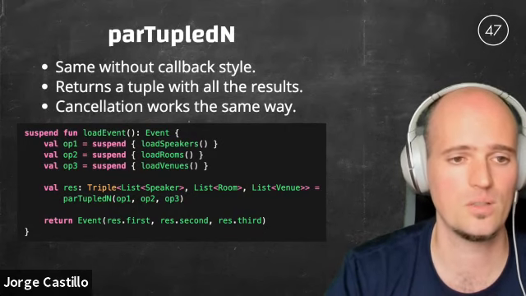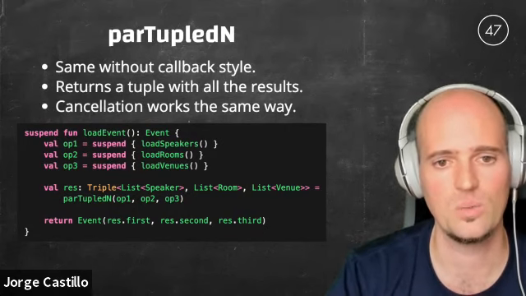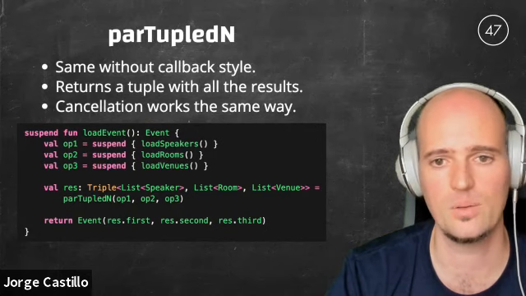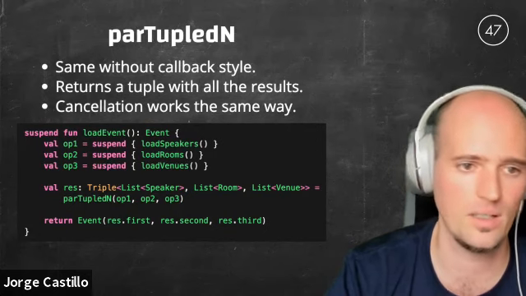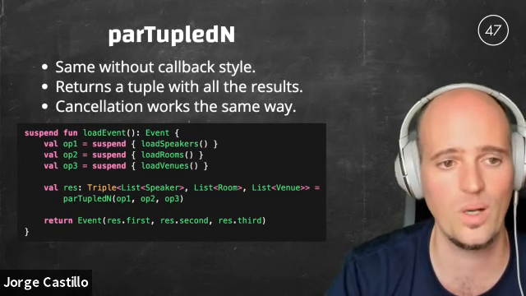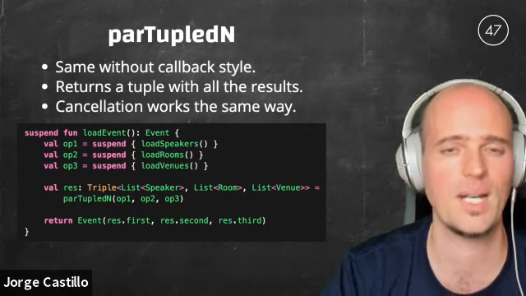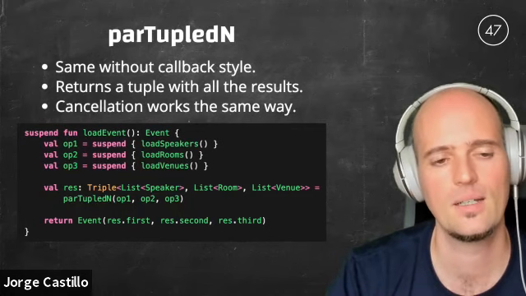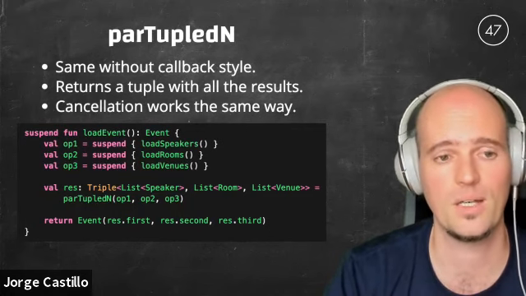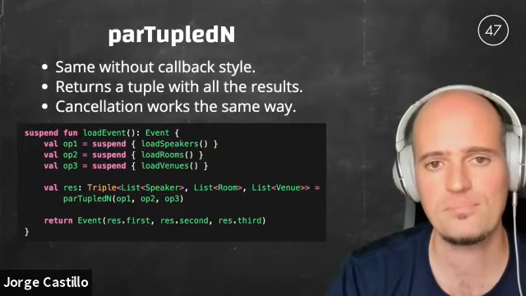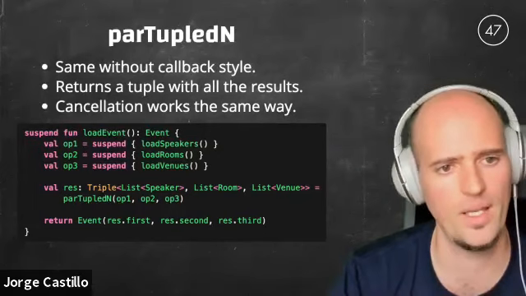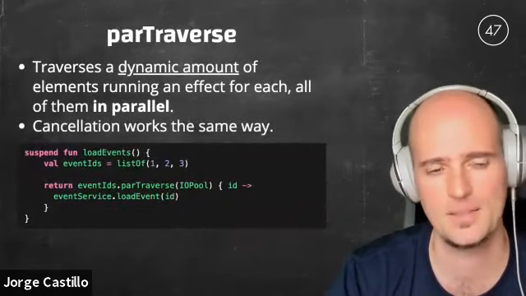So this can be very useful, like for example, you have a database, you want to compose a combined model out of models that you are storing in different tables or something like that. You could run those suspended effects parallelly and then gather results in the end to combine them into a composed model. Cancellation works the same way, from parent to children, same ideas.